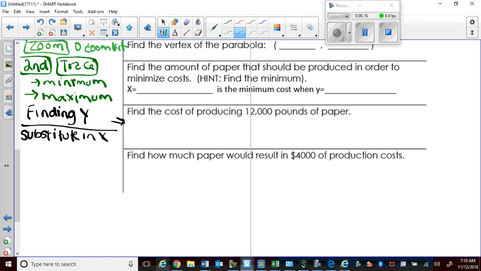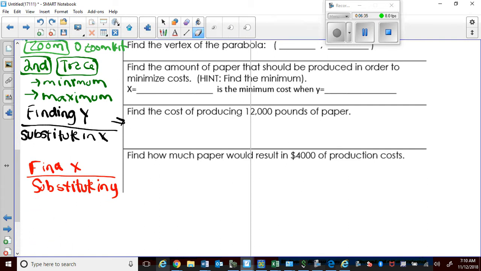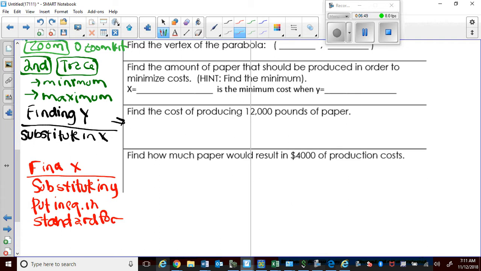The last thing we're going to do is find x and substitute in y. A couple of things we have to do here: put the equation in standard form, so everything's on one side.